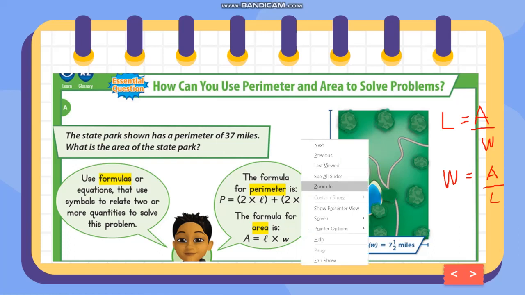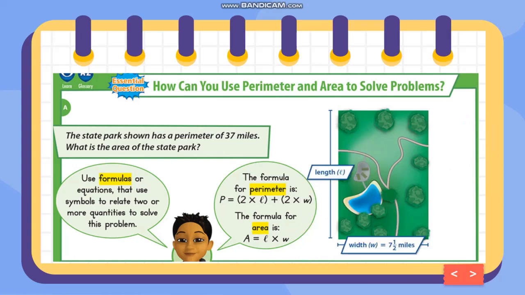Now, let's go back to the question. The state park has a perimeter of 37 miles. Perimeter means the total measurement of these 4 sides. You have 4 sides, but only one given, which is 7 1/2. That is the width, so the opposite side is also 7 1/2.